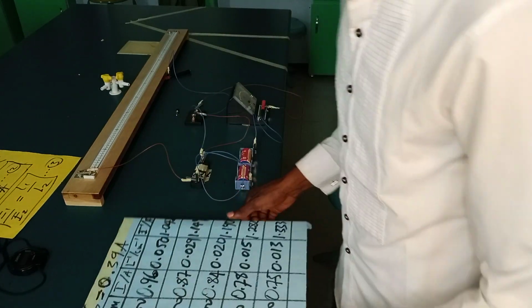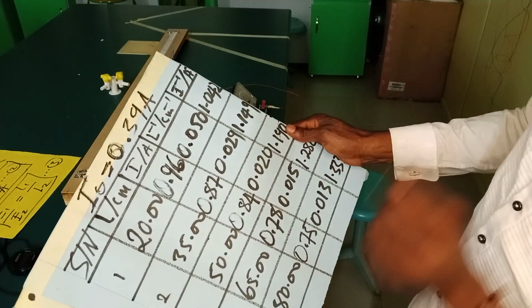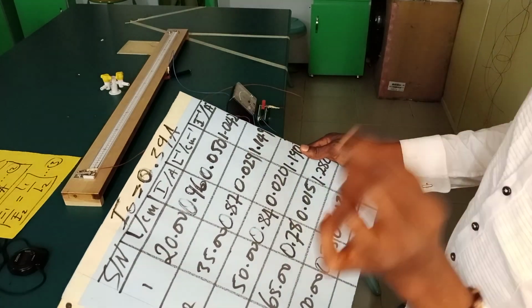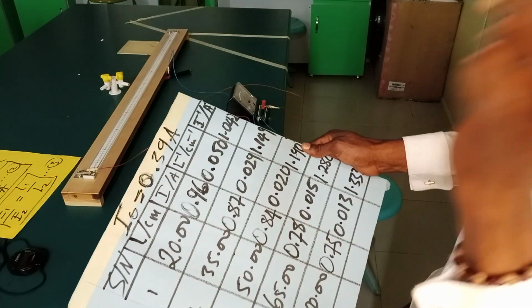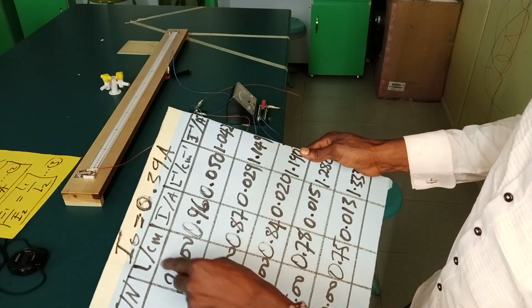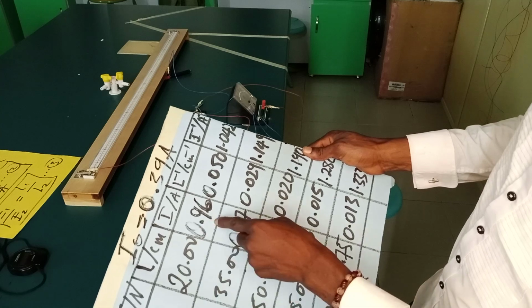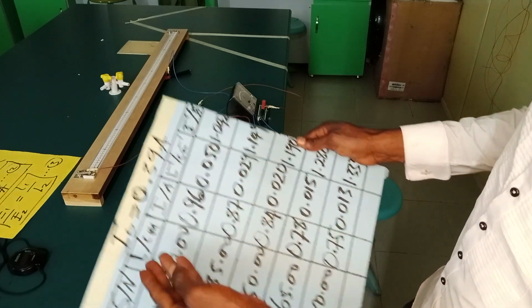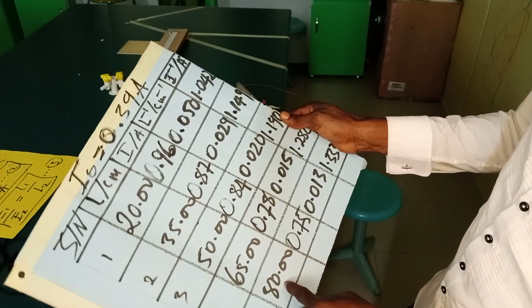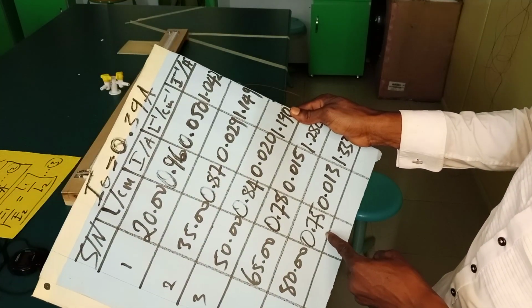Now let me predict something quickly. You see, there are 4 possible graphs that we are going to plot here. The graph of L against I. You see, we're having an increase-decrease trend.